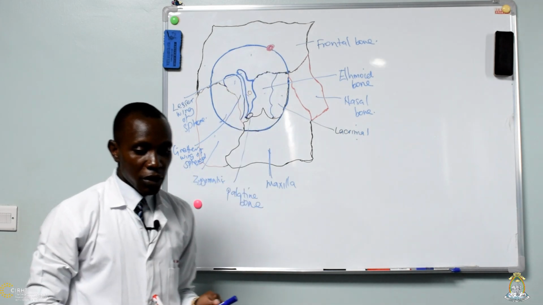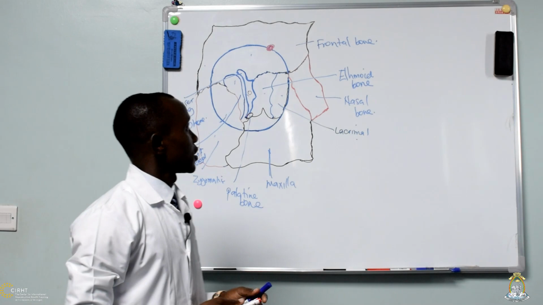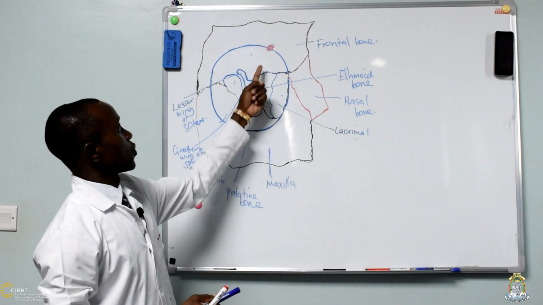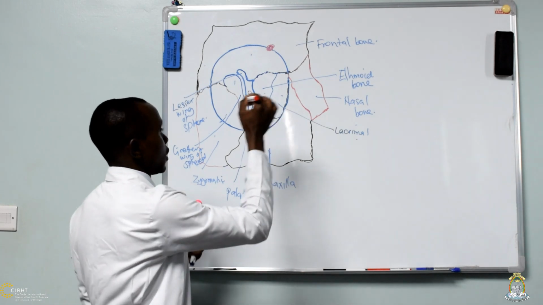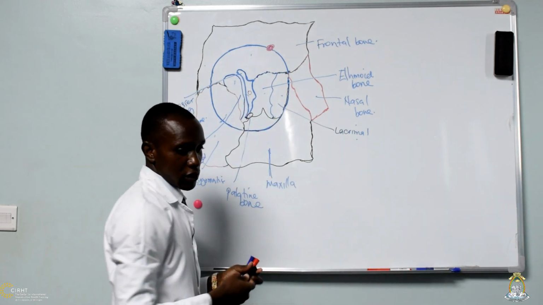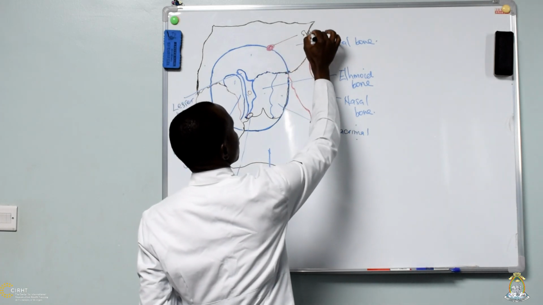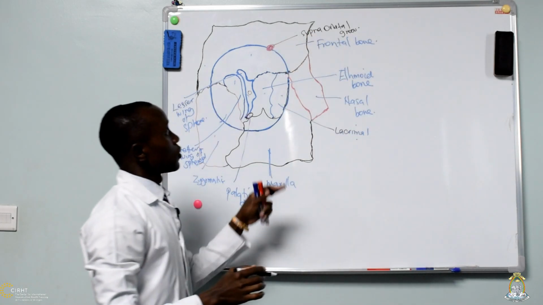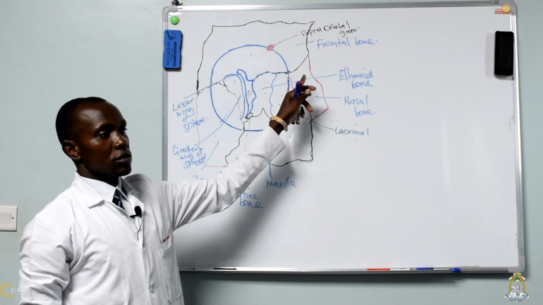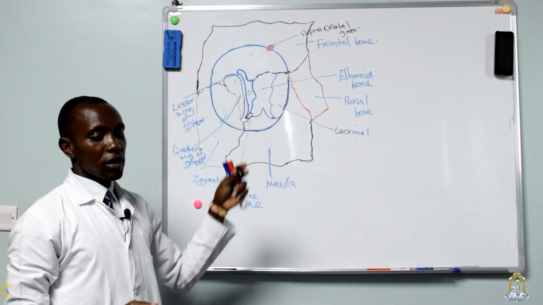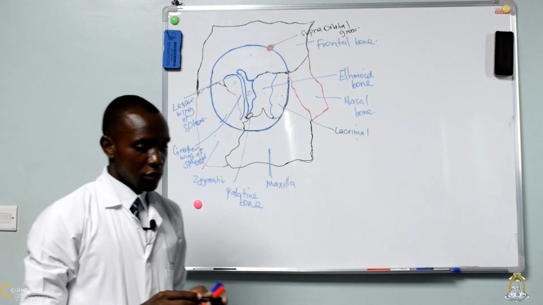It is a very important structure as it acts as the exit point of supraorbital nerves and supraorbital vessels. Okay? So, at this particular point, we have the supraorbital groove. At this groove, we find the vessels and then the nerves, the supraorbital vessels and then the supraorbital nerves.